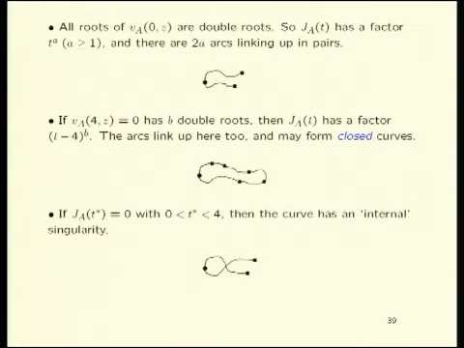So what actually happens is that it turns out that all the roots corresponding to t equals 0 are double roots. And so these threads that I showed you link up in pairs, and we get little segments, I usually call them now, like that.